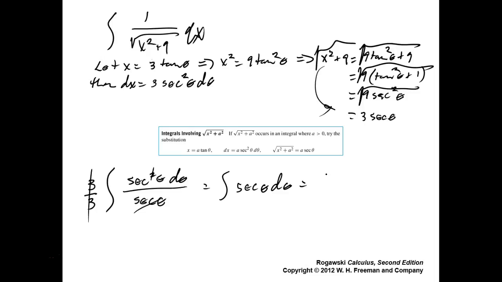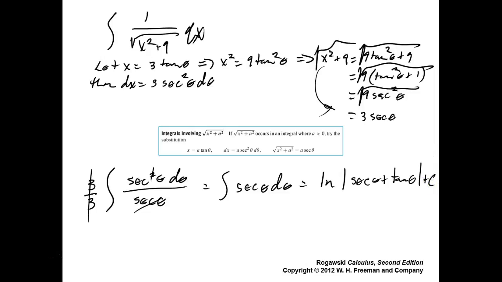I don't know, but it's under basic forms, number 13. You see it? And what is it? The natural log of the absolute value of secant theta plus tangent theta, plus C, exactly.